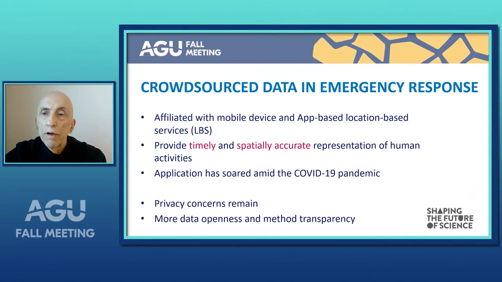So the crowdsourced data in emergency research and applications have to do with providing timely and spatially accurate representation of human activities. Applications have soared during the COVID-19 pandemic, of course. However, privacy concerns remain, and we need more data openness and method transparency.